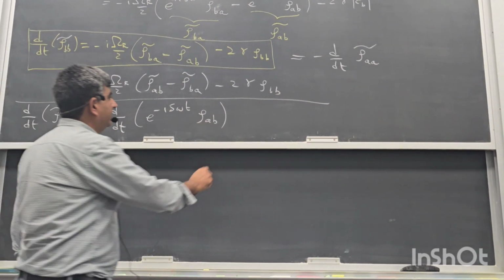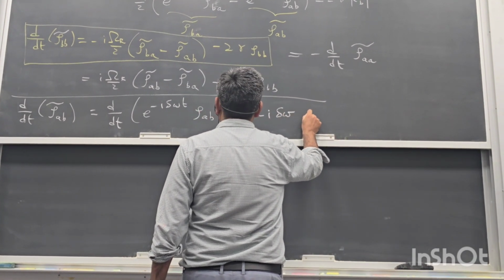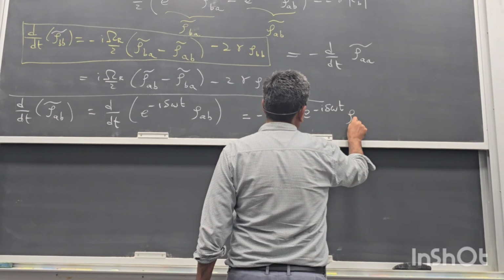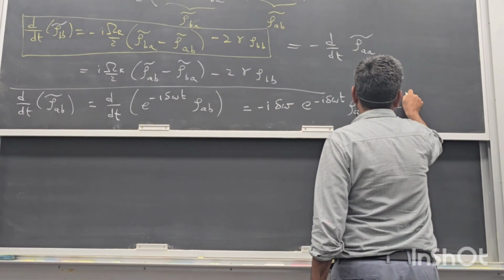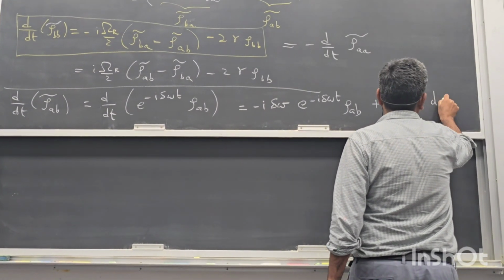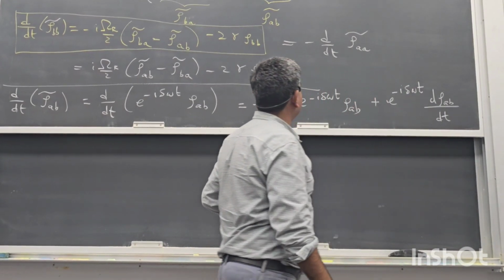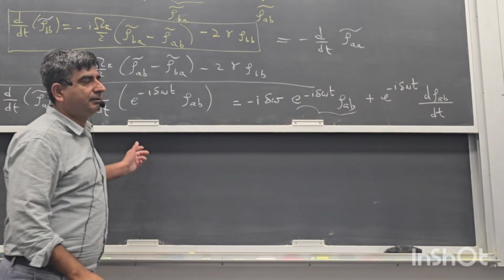This thing is minus i delta omega e^(-i delta omega t) rho AB plus e^(-i delta omega t) d rho AB by dt. But this thing again is rho AB tilde.